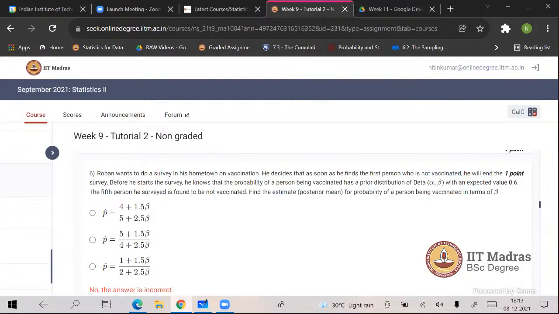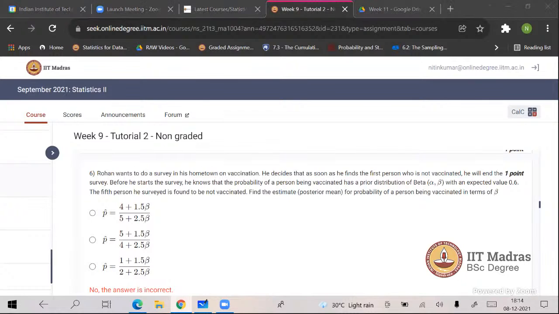Okay, so what distribution is it? I'm saying X is geometric with parameter p. Isn't it geometric? He decides that as soon as he finds the person who is not vaccinated, he stops the survey, or he'll end the survey, right? So what distribution is it?